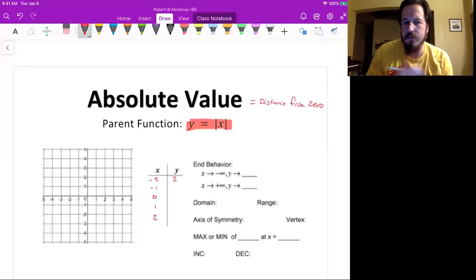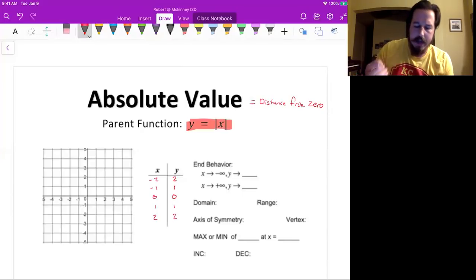So the absolute value of -1, the positive version of that is +1. 0, the distance away from itself is, well, no distance, so that is 0. 1 is 1 away from 0, and 2 is 2 away from 0. So I have some points that I can plot onto this little grid here.